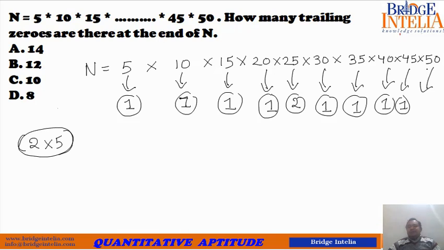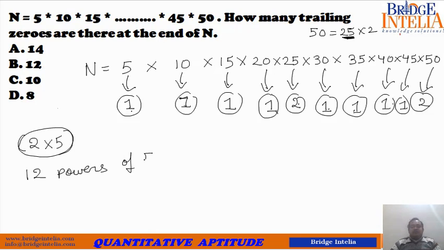But 50 is a multiple of 25, 50 is 25 into 2, so you are going to get 2 fives from here. So how many 5s are available? 1, 2, 3, 4, 6, 7, 8, 9, 10 and 12. So 12 powers of 5 are available.